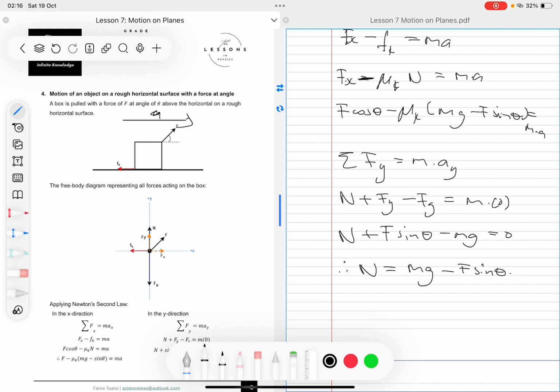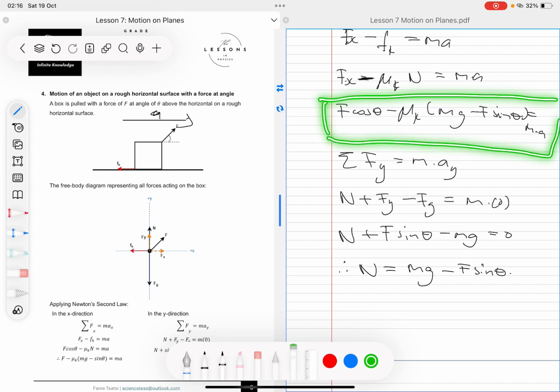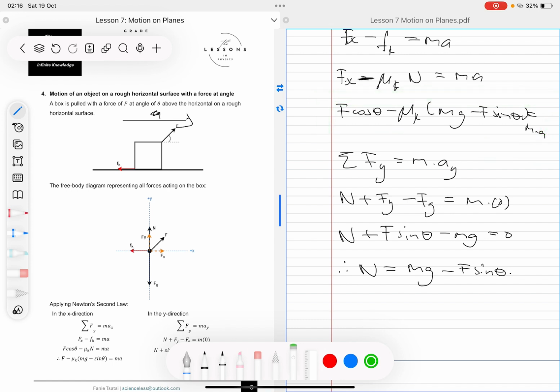Now I'll leave it at that, because from here there are many pathways that we can take. We could be asked to calculate the acceleration, we could be asked to calculate the mass, maybe we could be asked to calculate F, right? We could be asked to calculate the coefficient of friction, using that formula. So I'll leave it here because it will depend.